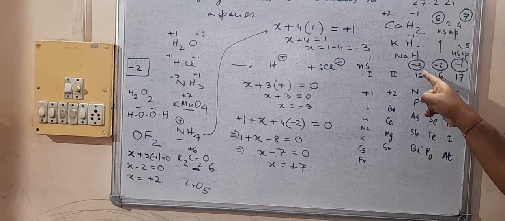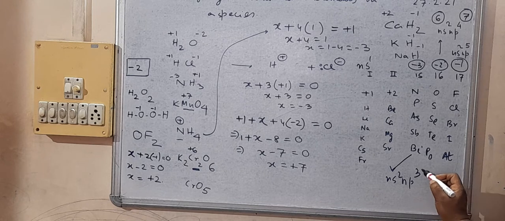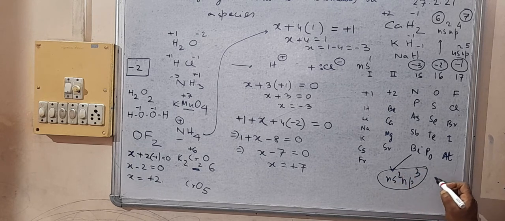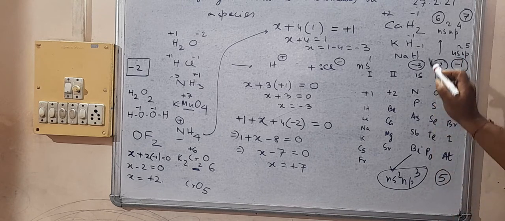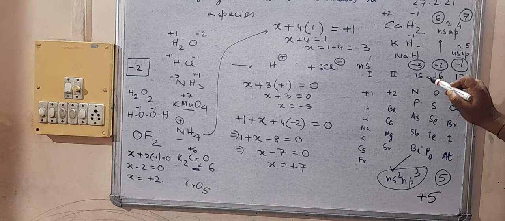Like group 15 elements, whose general electronic configuration is ns2 np3. They have 5 electrons in the outermost shell. So group 15 elements have their group oxidation state, or maximum oxidation state, of +5.